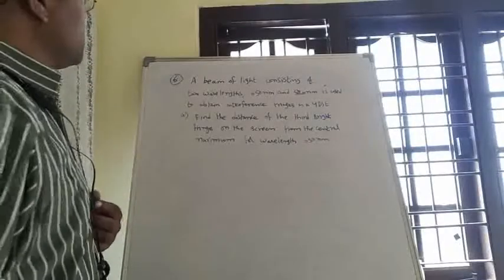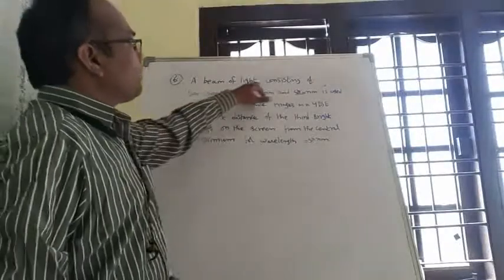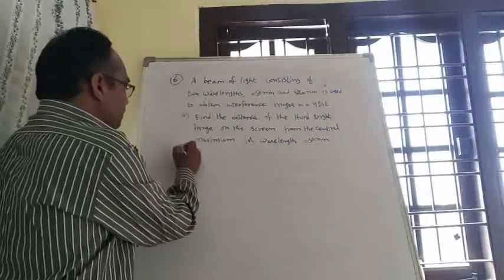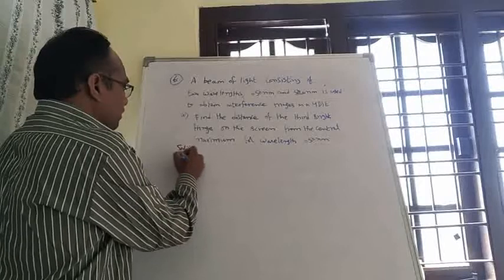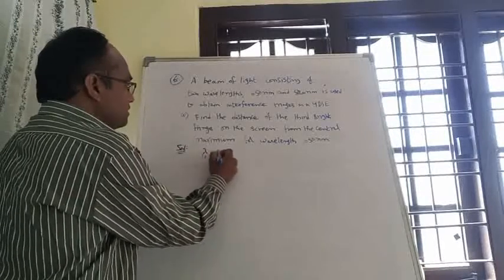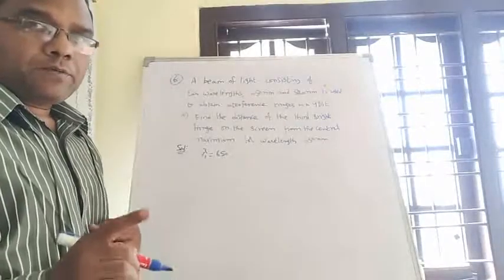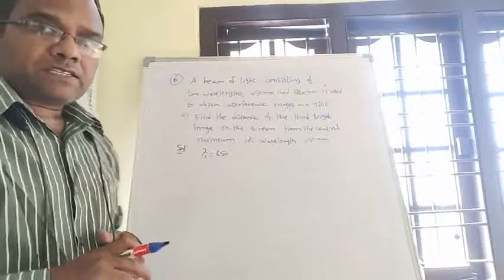Now, sixth problem. A beam of light consisting of two wavelengths. Lambda 1 is 650 nanometer. So 1 nanometer is equal to 10 to the power of minus 9 meter.